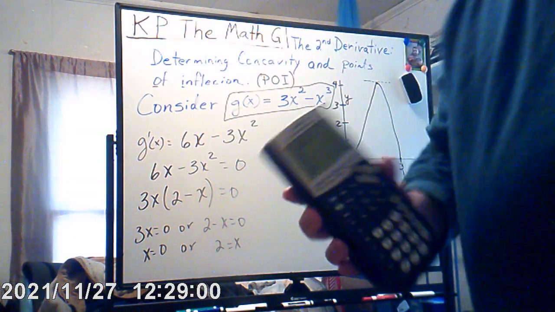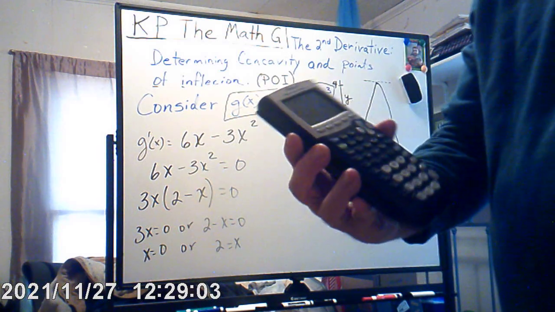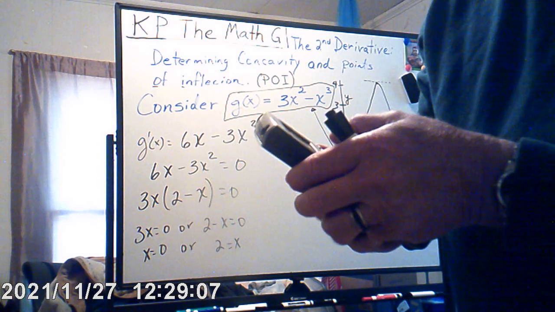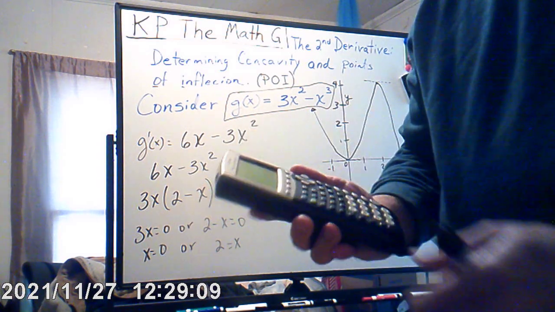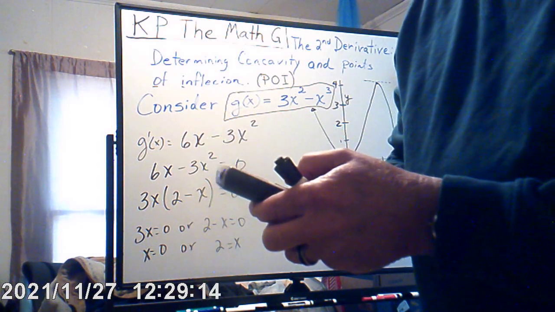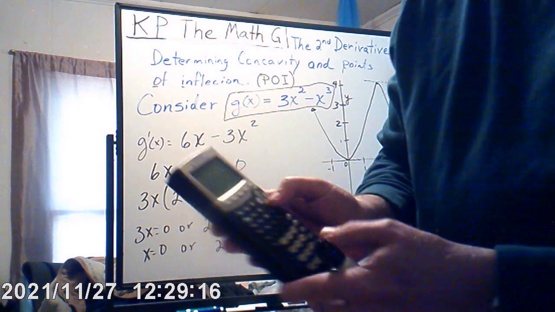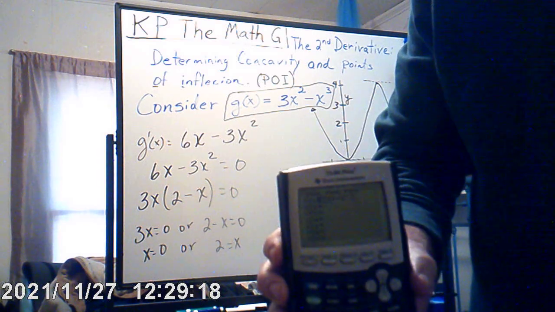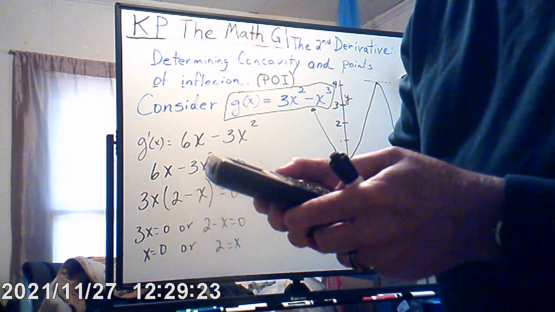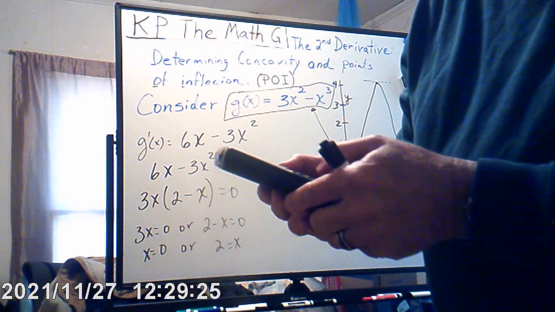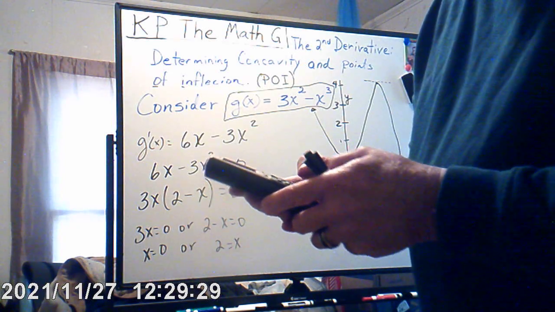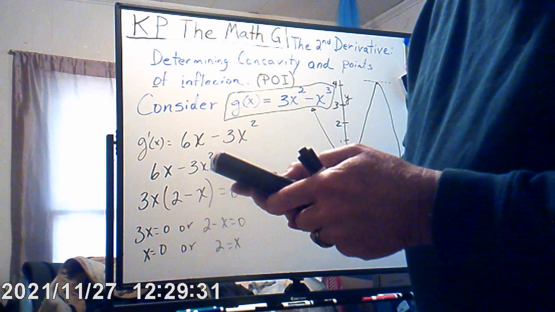Yeah, 3x squared minus x cubed, okay, and here is the graph of that right there. That's what I did here. So what I want to do here is y equals, I want to come down to y2. I want to graph the derivative of that, 6x minus 3x squared.